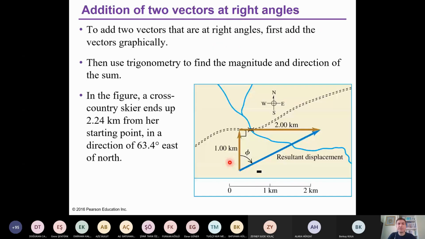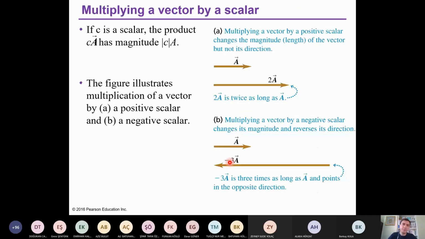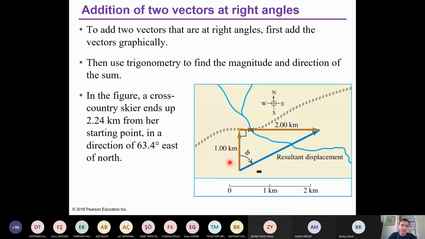Then I will finish my lecture with that example. Here, let's consider a cross-country skier. So this is the river, and this is the position of the skier. The skier first of all starts from that point, and then she goes 1 kilometer.